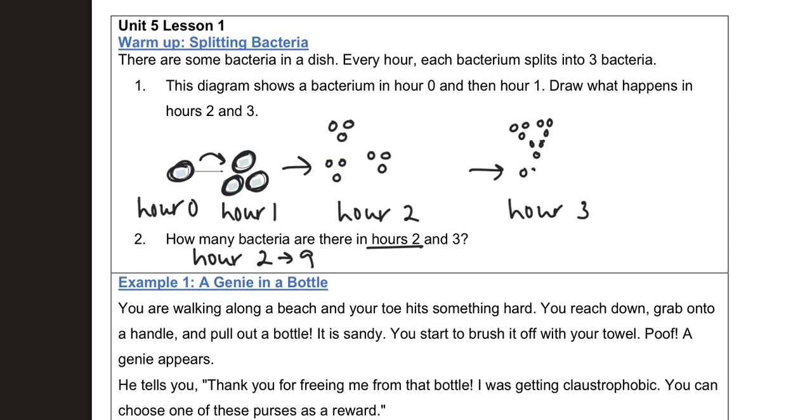So go ahead and draw that. Okay, so in hour 3, we will have 27. So every time we go from hour to hour, we are multiplying how many we have by 3. So each time it is tripling.